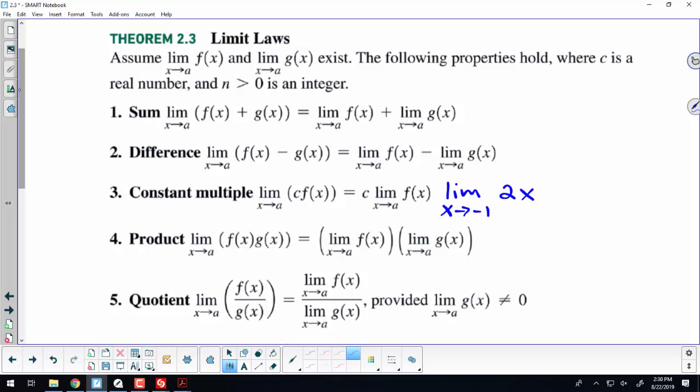We've already talked about 2x being a linear function, so we would just plug -1 into that and evaluate the limit. But I could say that it's the same thing as 2 times the limit as x approaches -1 of just x, and then multiply those together. So that's what the constant multiple rule is telling us.